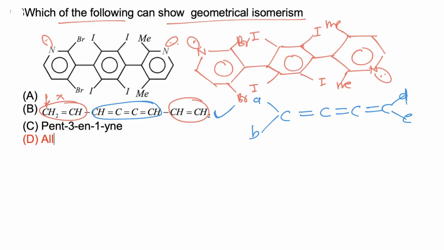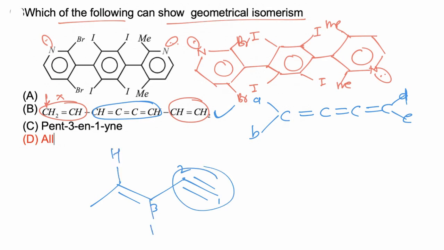Now if we consider example C, pent-3-en-1-yne, there are a total of 5 carbons in the main chain. At the first carbon a triple bond is present and at the third carbon a double bond is present. The molecule will not show GI around the triple bond, but it will show geometrical isomerism around this double bond because the groups attached to the sp2 carbons are different: H and CH3, H and ethynyl.